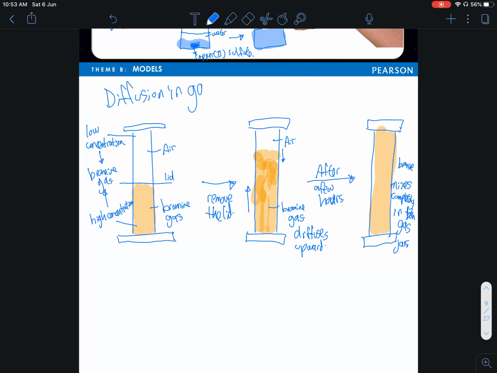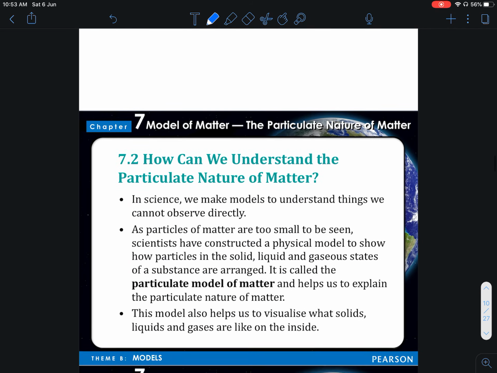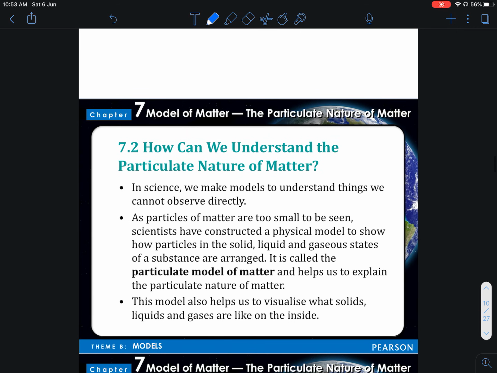in gas. And just now we talked about diffusion in liquid using the copper-2 sulfate crystals as an example. Then, okay, so what we have learned is that we have seen how the particulate nature of matter actually helps to move around, in which we use models to understand things that we cannot observe directly.